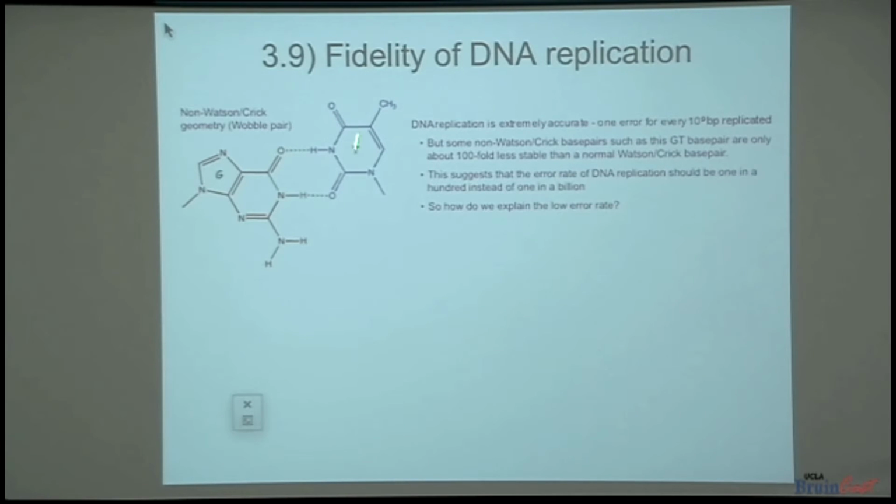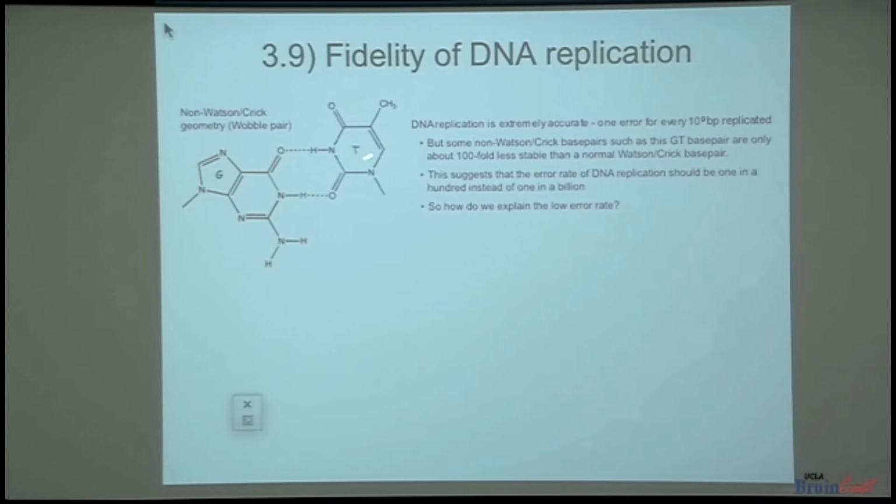The pyrimidine residue is raised up relative to the purine residue, so for the duplex to accommodate this GT base pair, that results in a distortion in the helical backbone, and that's energetically unfavorable. As a result, this base pair is 100-fold less stable than a normal Watson-Crick base pair.